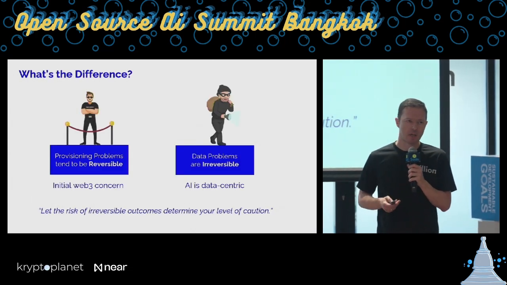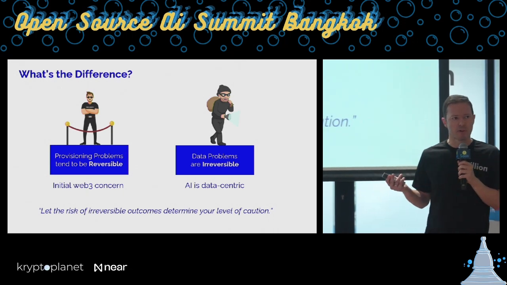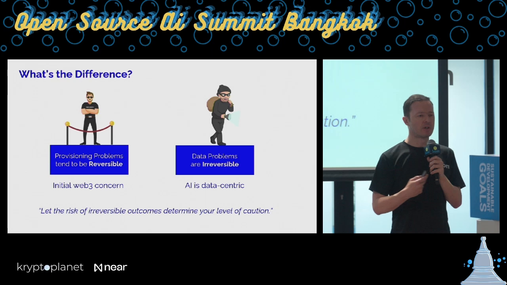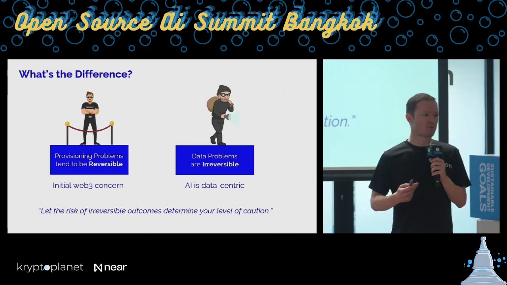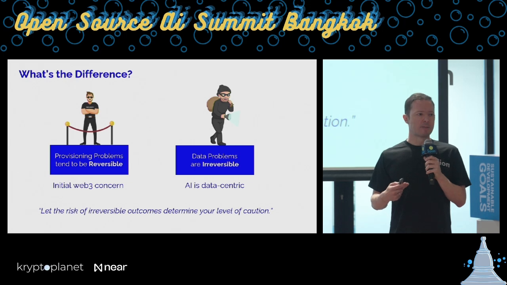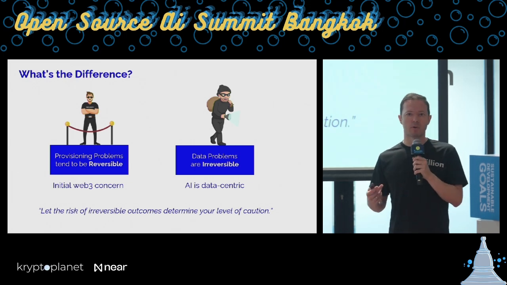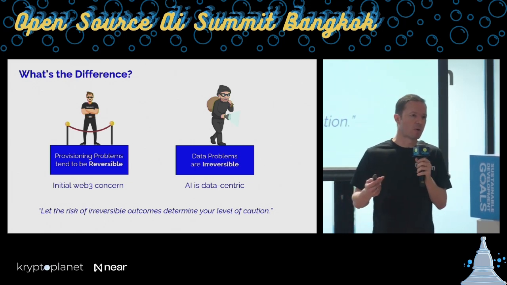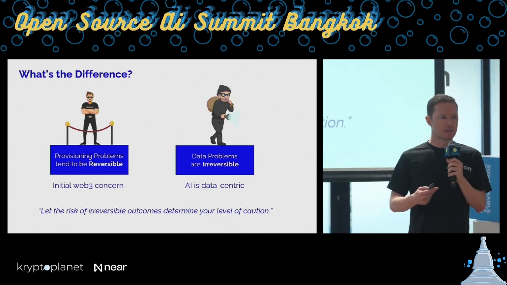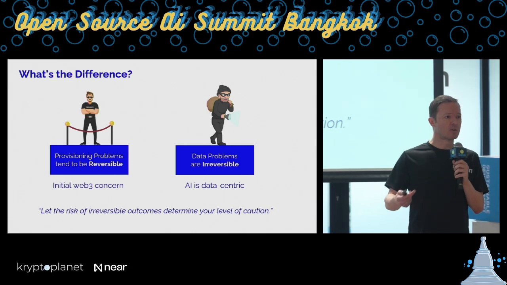It's another aspect. What is the difference between the two of them, really? Well, one difference is that all around the provisioning of the service is more or less reversible. Like if I'm not allowed to access a service today, maybe I will be allowed to do so tomorrow if I meet the requirements. But if I give away my data today, it's gone forever. There's no way to take it back, to regain control over that data.